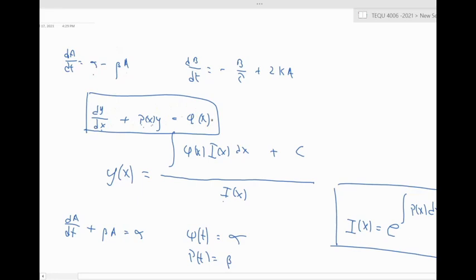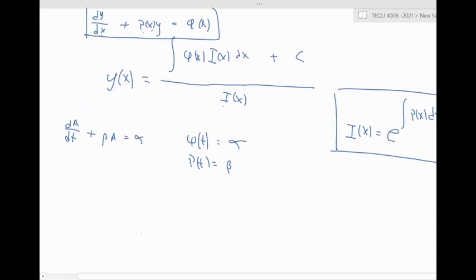So if you do that, we know now that our I(t) is equal to e elevated to the integral of p(x), but p in this case, which is p(t), is beta dt. By definition, that is e to the beta, the integration of dt is t, so that means e to the beta t.